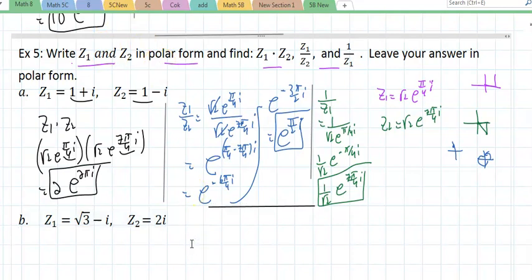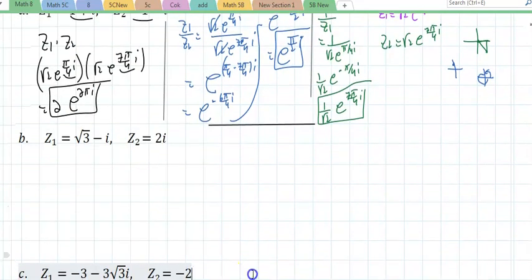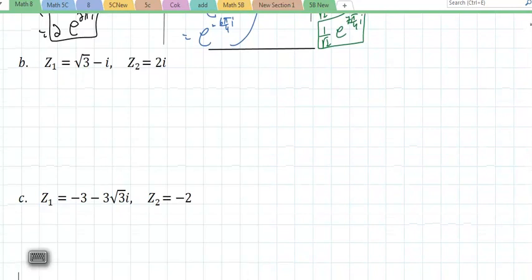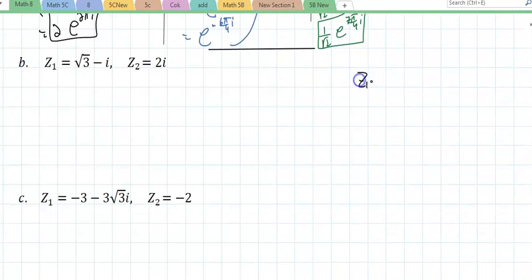Let's do another one. How about this problem? So this is the core of the section. I take z1 and I say if I move radical 3 to the right and 1 down, that's a 2. So r equals 2.